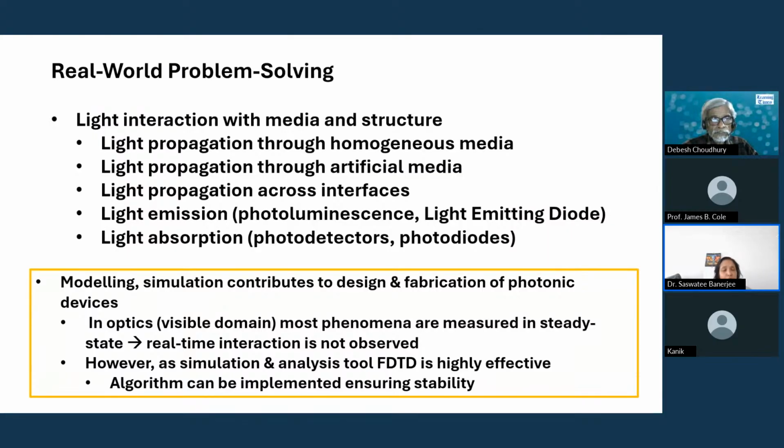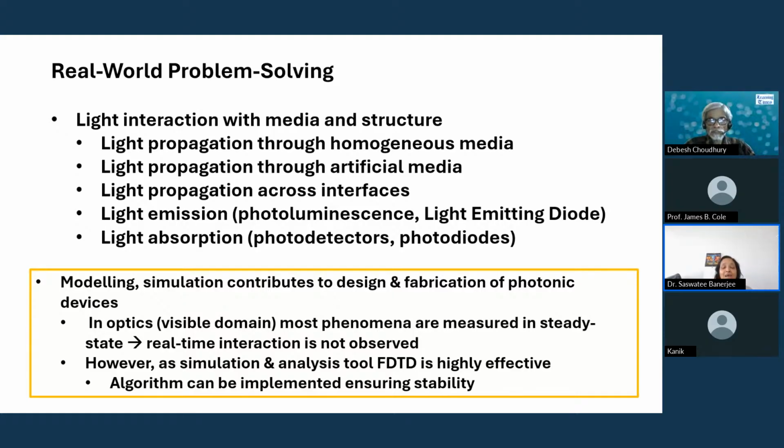From this real world problem solving, what do I mean by that? Basically what we are trying to see here is light interaction with media and structure. These are two things in photonics you will care about: the material medium and the structuring. So there is light propagation through homogeneous media. You saw Professor Cole talking about the wave equation. The wave equation is something you can use, for example, when light is propagating through a homogeneous medium.